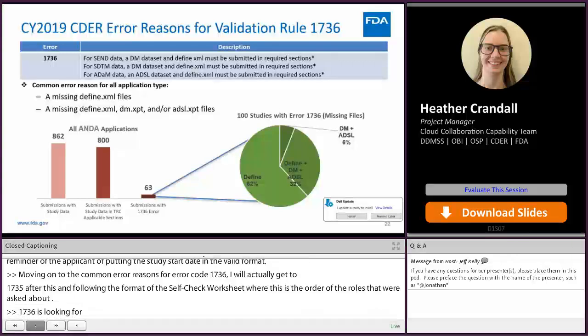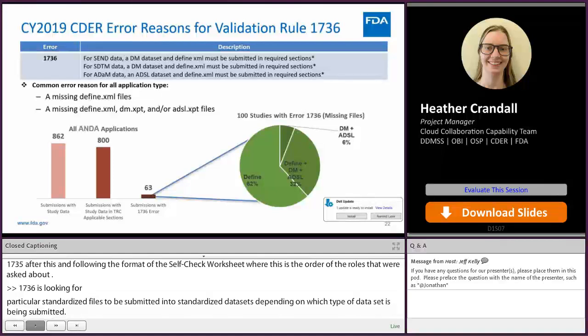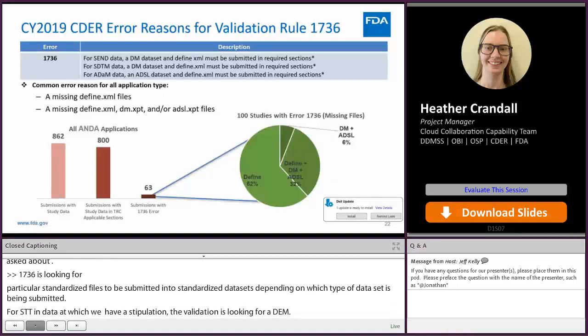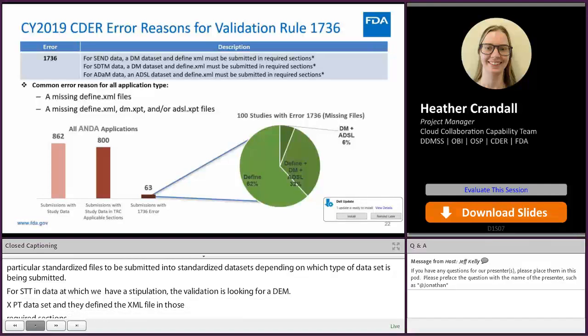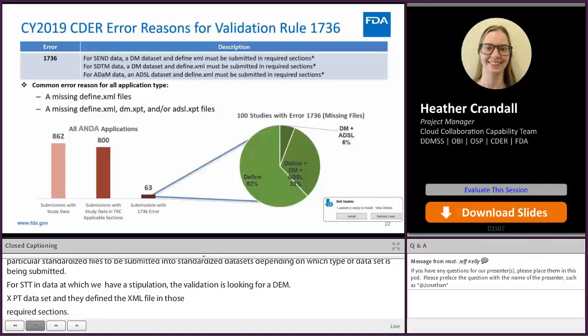For SDTM data, which would be tabulation, the validation is looking for a dm.xpt dataset and a define.xml file in those required sections. And for ADaM data, or analysis data, the validation is looking for an adsl.xpt dataset and corresponding define.xml files submitted into the required sections.